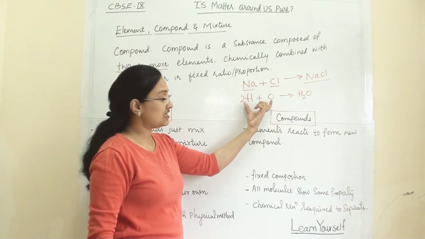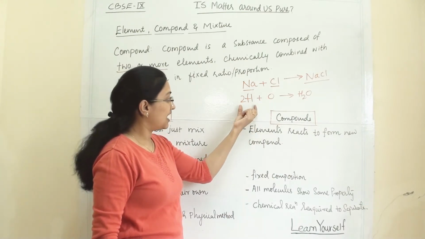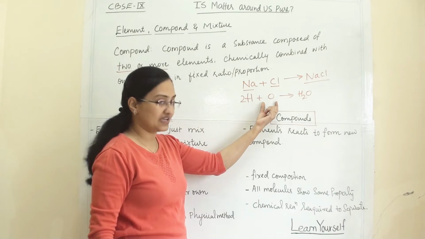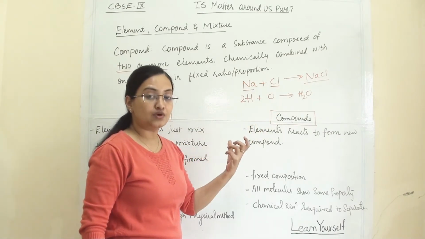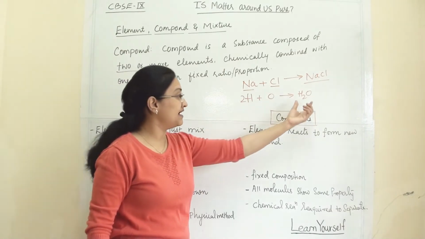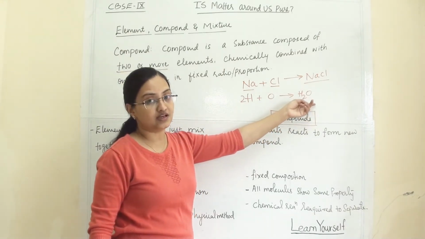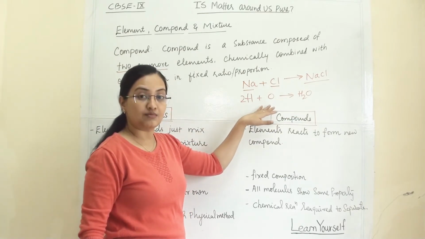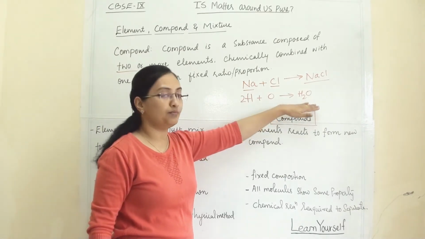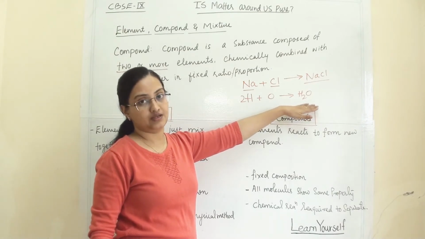When we are discussing water, hydrogen is a gas, oxygen is a gas. Both are gases, but when they are chemically combined, they give us a liquid, and that is water. So the chemical properties of hydrogen and oxygen are different compared to water's chemical properties.